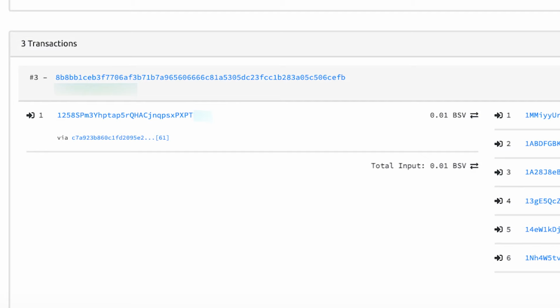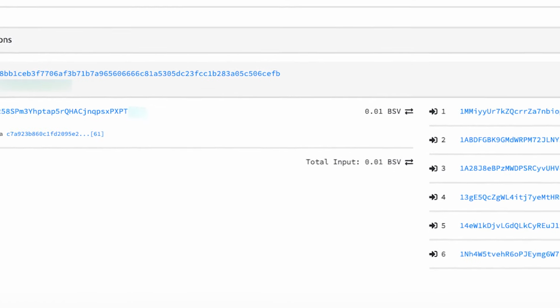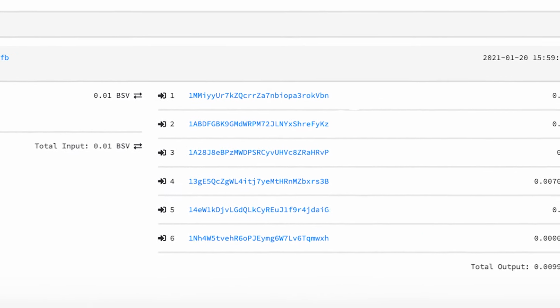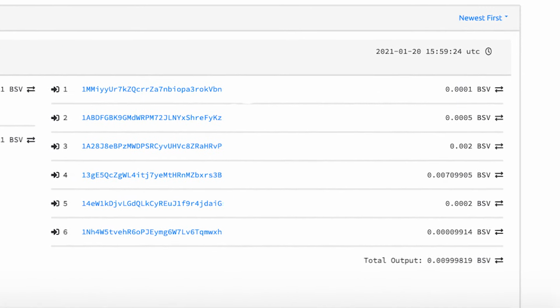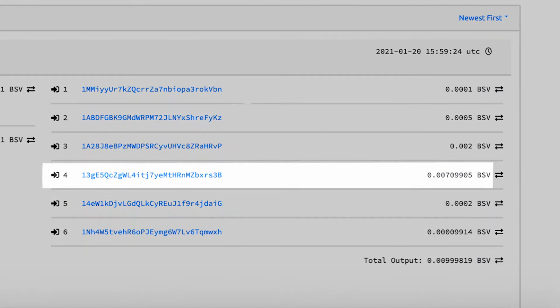Then what it's done is it's created 6 outputs. So anywhere from 10,000 Satoshis, 5,000 Satoshis, 20,000 Satoshis. And then there's output number 4, which has a bit of a random value, 709,905 Satoshis, which is going to the address that you've provided.